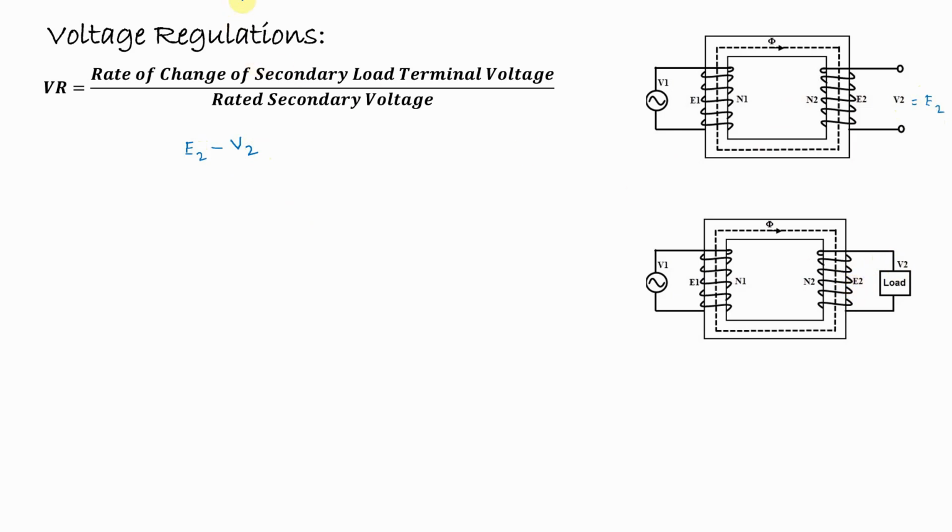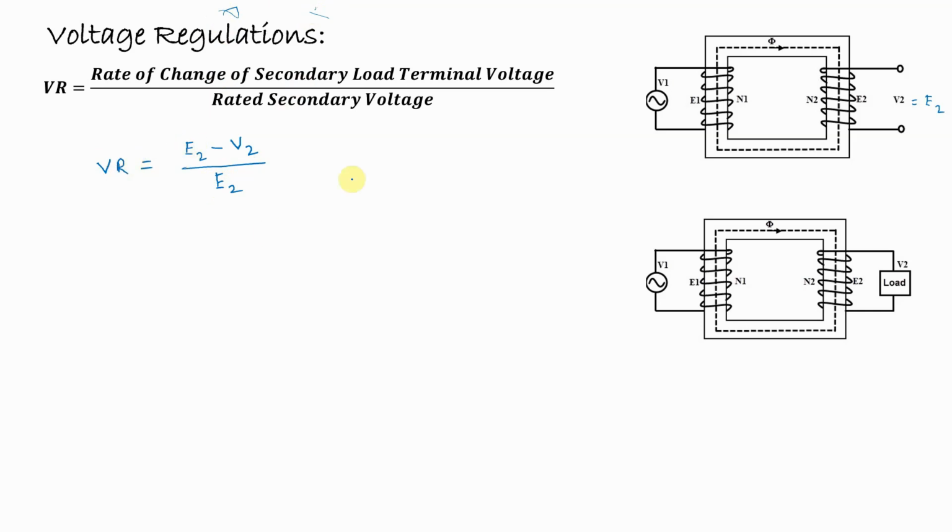So this is the change in terminal voltage. Now, if we divide this value by the rated secondary voltage, this will be considered as the voltage regulation.